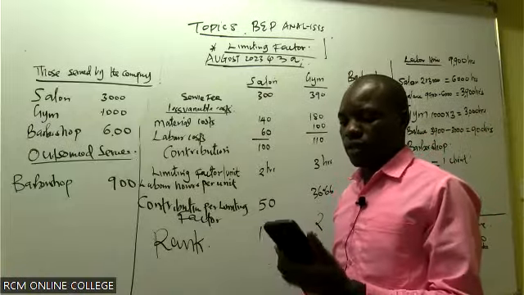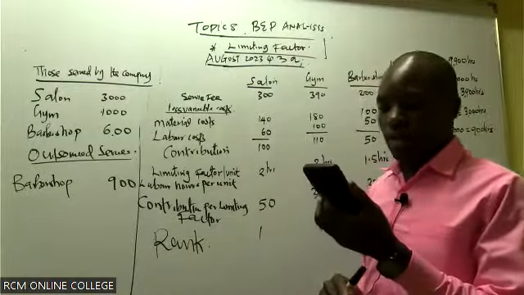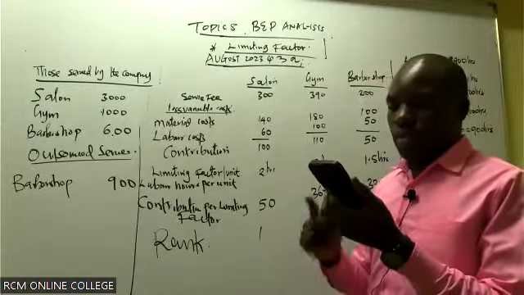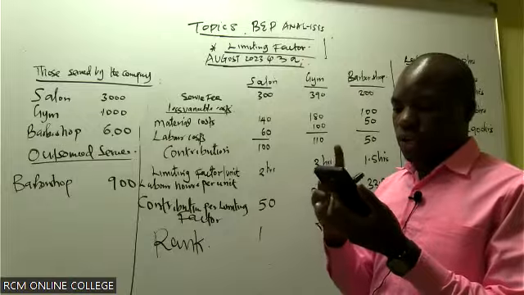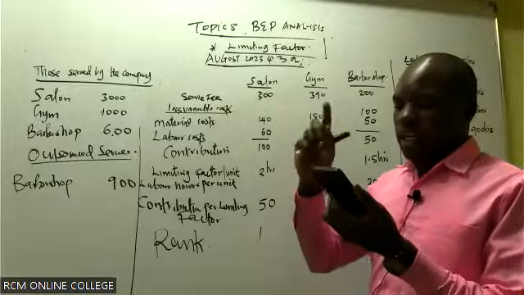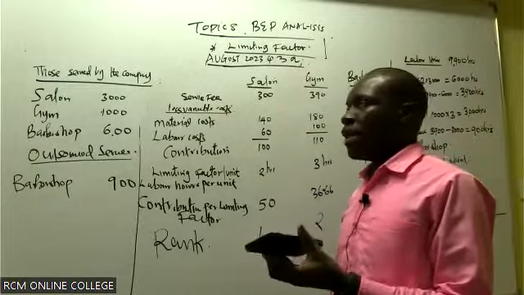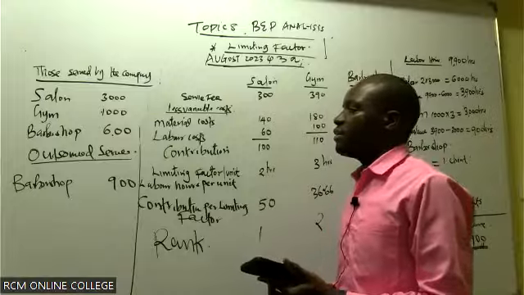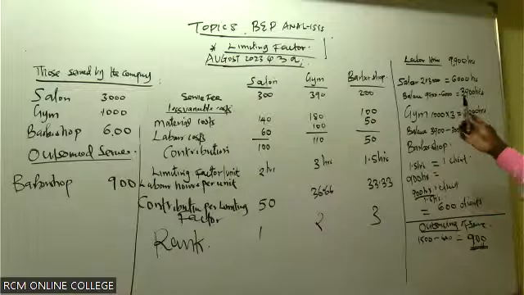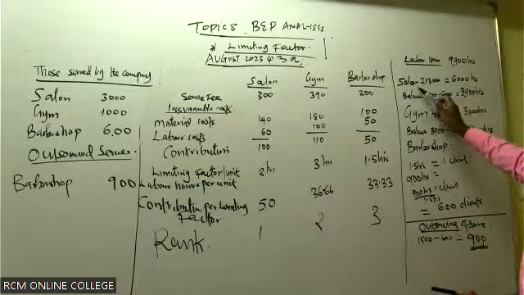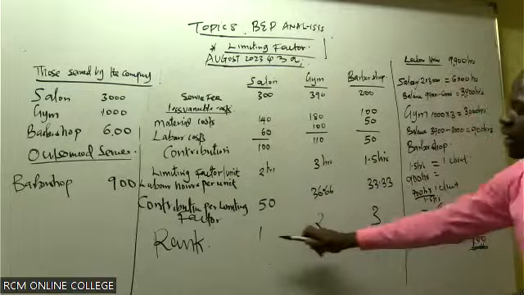So let's read the question and see what they want us to do. Roman 2, prepare the limiting factor mix schedule to show the number of clients per service that maximizes the profitability. Sio tumemalizana nayo hapa. So I'll just come here and say, salon, 6,000, all of them will be served because I've done ranking.